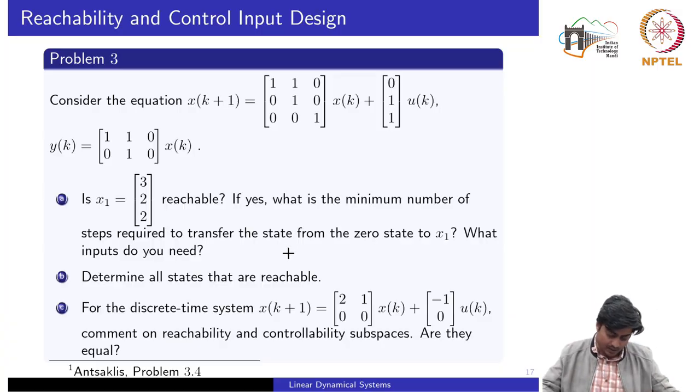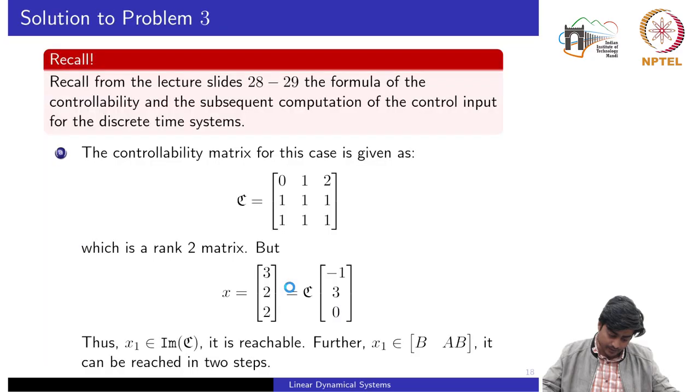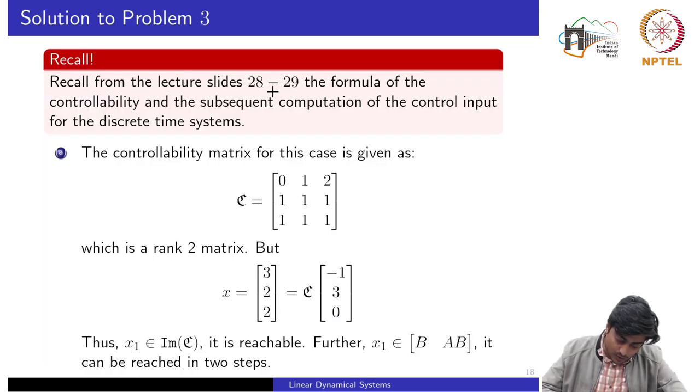So first we'll discuss part A and part B of this problem. If you recall from lecture slides 28 to 29, you can directly use the controllability test as a rank test to determine whether the system is controllable or not.